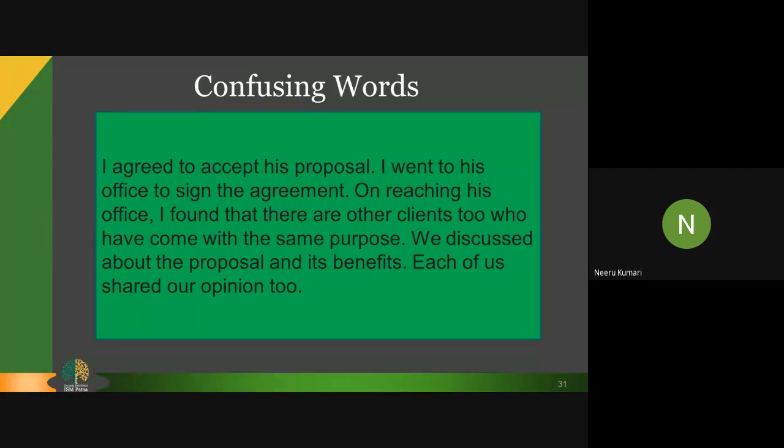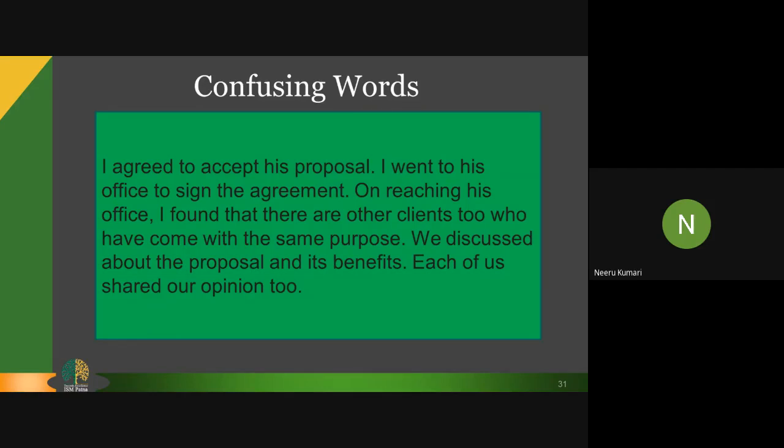To sign, we need to correct. Agreement, we need to correct. On reaching his office, I found, the spelling of found should be corrected. There, again, the spelling should be corrected. Are other clients too who have come with the same purpose. Again, we need to correct, discussed about.